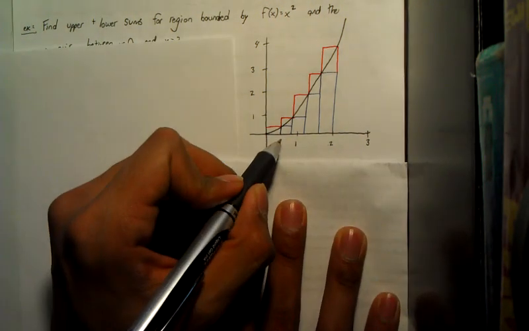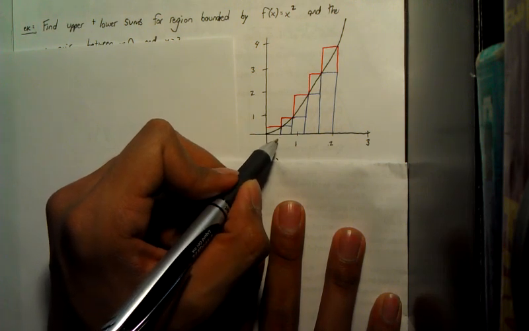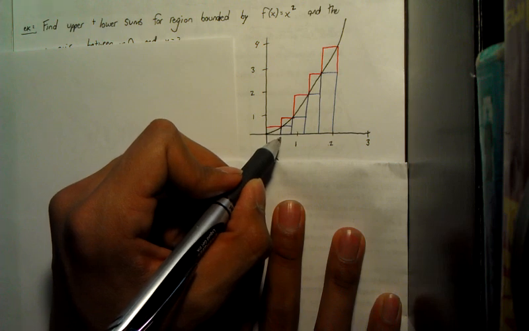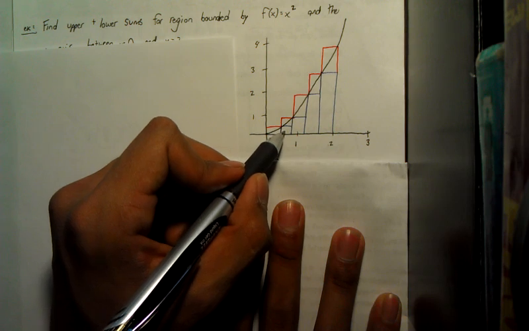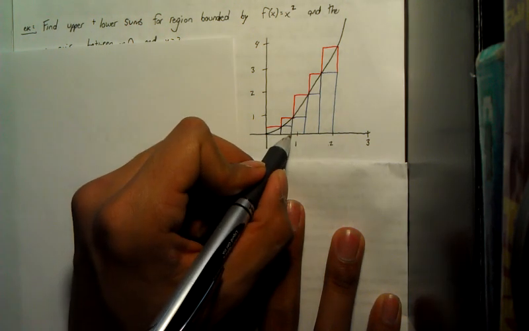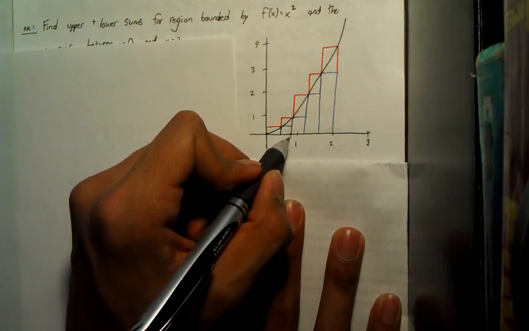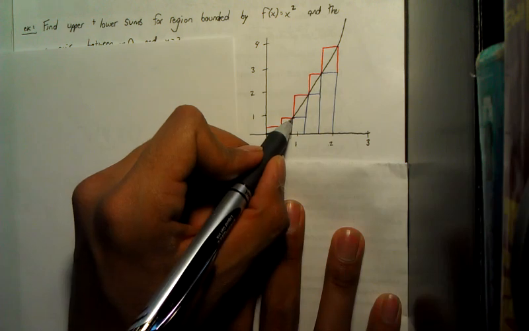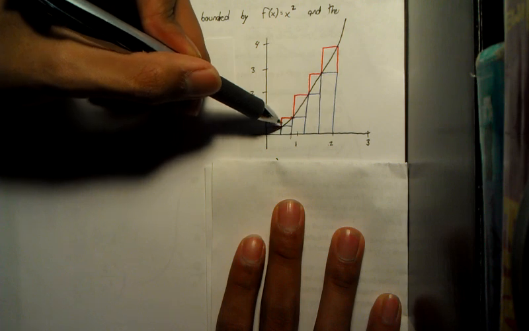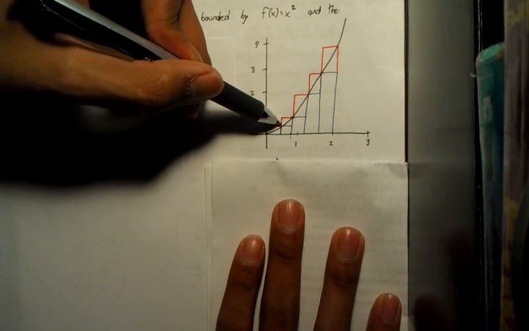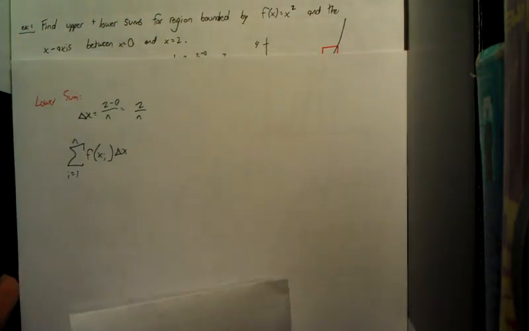So as you can see, if we wanted to get the area of this first rectangle, then we wouldn't be using this height right here, because that reaches all the way up to right here on the function. What we want to get is the height right on the left side of the rectangle. So in order to do that, we're going to have to change around our input a little bit.